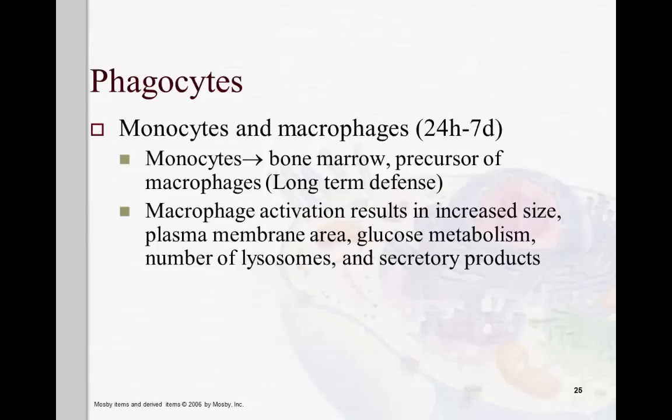The monocyte is part of the immune system, produces phagocytosis, and is an immature form of the macrophage, so the macrophage develops from it. Monocytes participate in the adaptive immune system as well. It produces activation of glucose metabolism and also lysosomes.